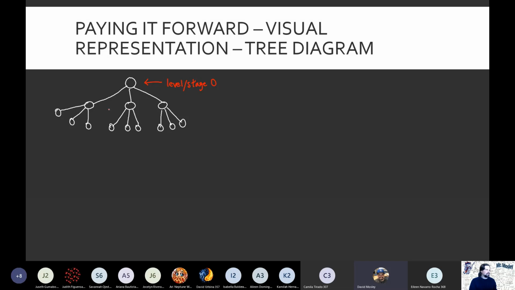The next 3 people, that's going to be stage 1. They're the first people to receive a good deed. And then the next level is stage 2.